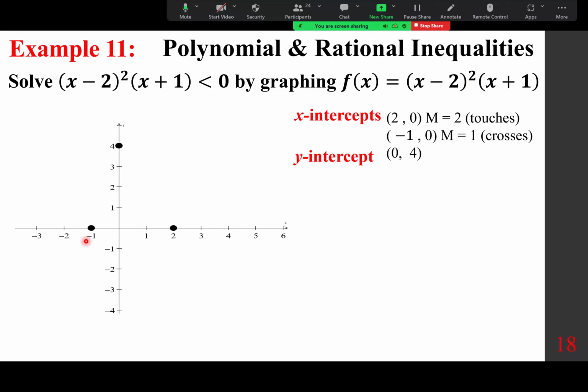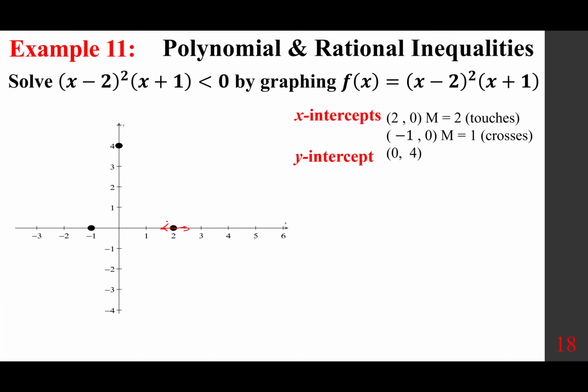We have 2, 0, 0, 4, negative 1, 0, and this one. I'm going to put an arrow, as I mentioned. We have that in calculus. And the idea behind that is it can cross. And that will be helpful when we want to graph the function.